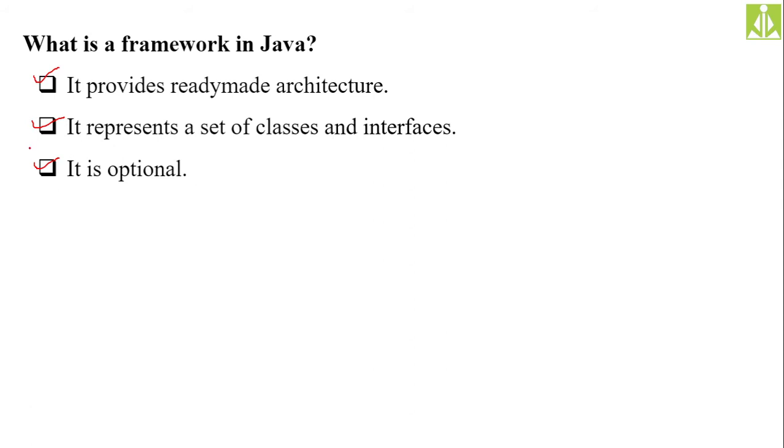If you want a linked list and you don't want to use it from the framework, then you can do the implementation of the linked list. So the framework usage in the application is completely optional. So these 3 points you have to remember with respect to the term framework in Java.